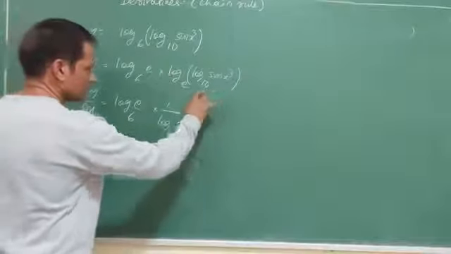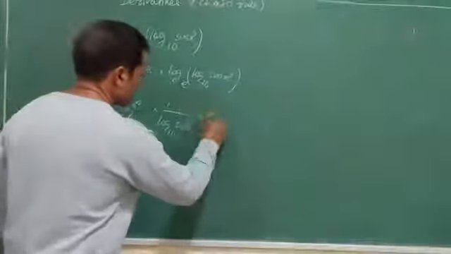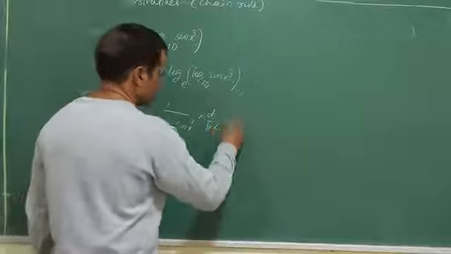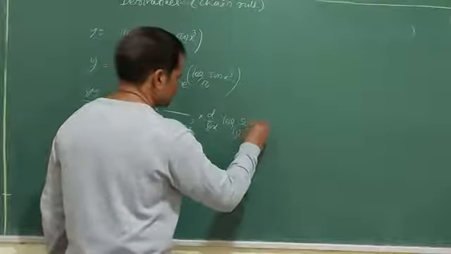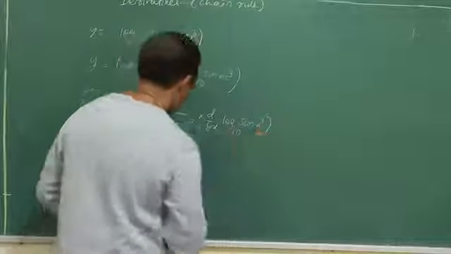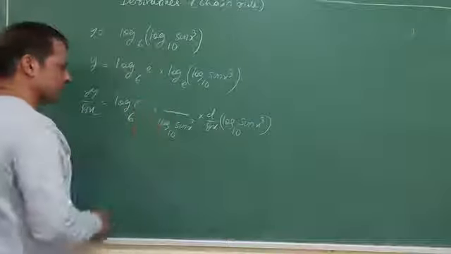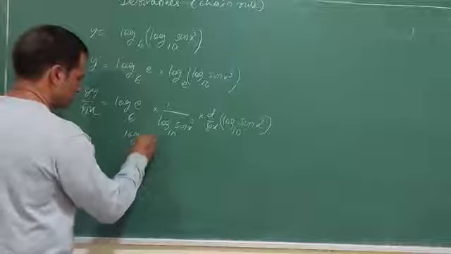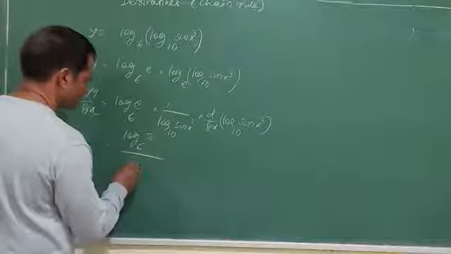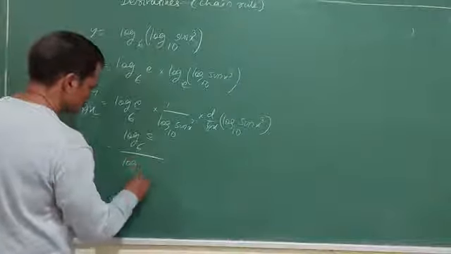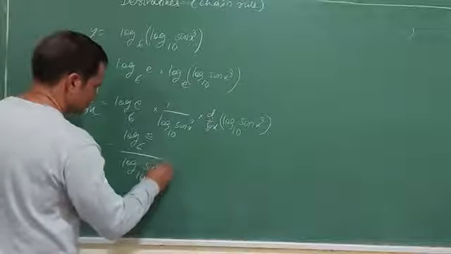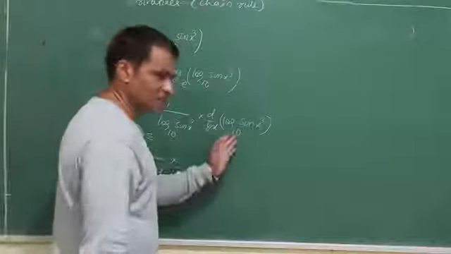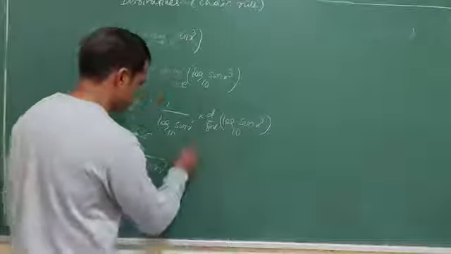Now into d by dx of log 10 sin x cube. Whatever you have done, just keep it silent. You don't need to panic about that now. The base is not e, again convert to base e.